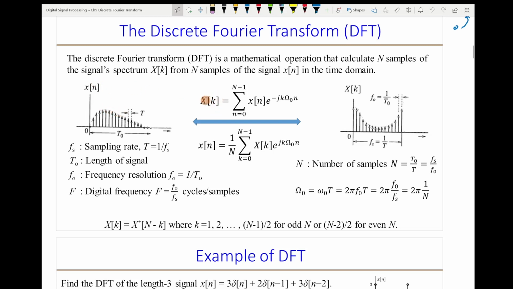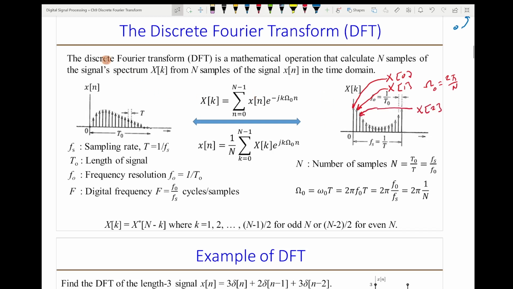If I plot the magnitude of X of k, it will look like this. When k is 0, that's the DC. That will be this height. When k is 1, that will be the strength of the first harmonic, which is this one. And the harmonic omega 0 is 2 pi over N, the number of samples. And this will be the second harmonic.